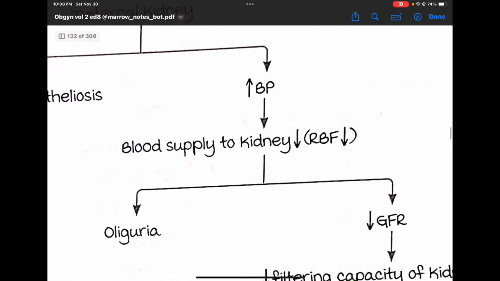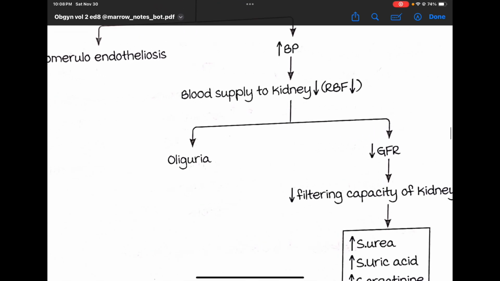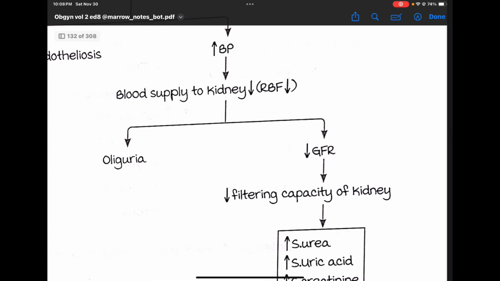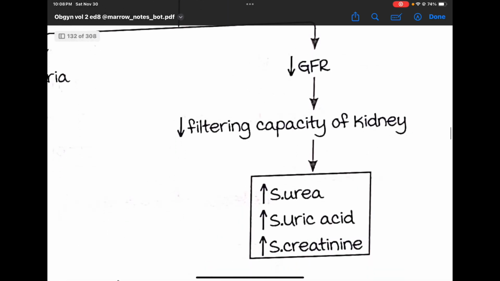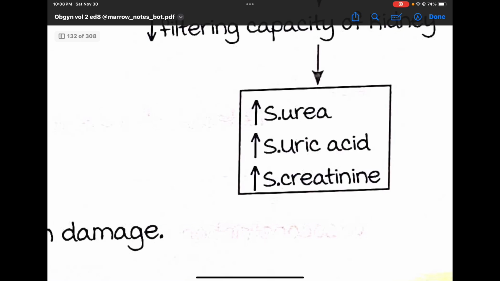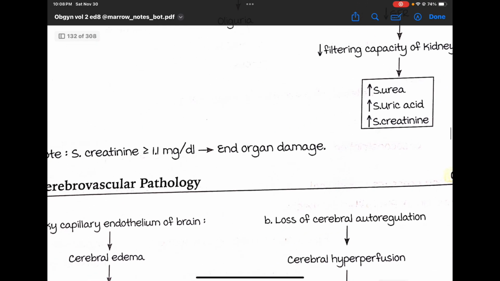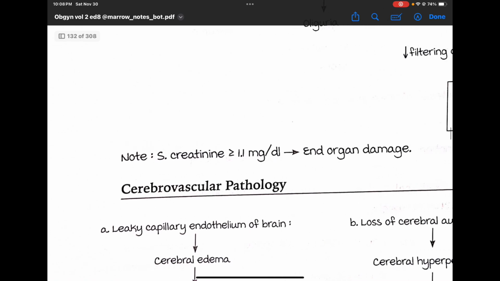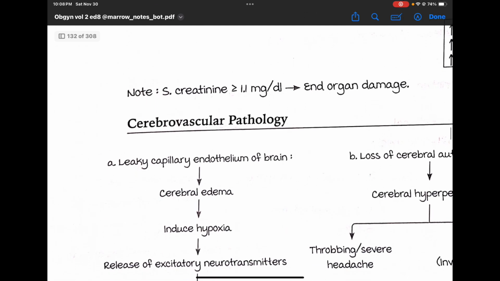Blood flow to the kidney decreases, RBF decreases, oliguria, decreased GFR, decreased filtering capacity of the kidney, increased serum urea, uric acid and creatinine. Note: serum creatinine more than or equal to 1.1 mg/dL indicates organ damage.